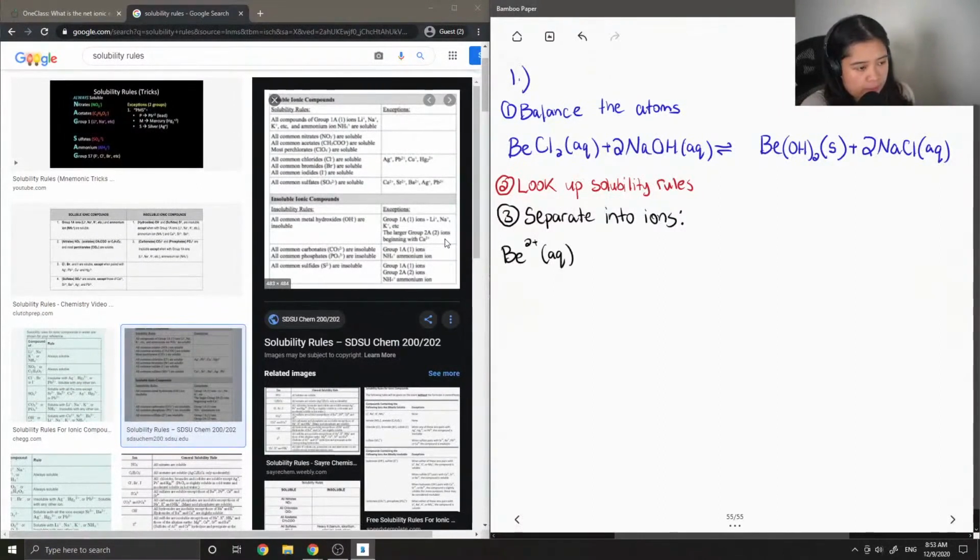Okay, so breaking this up, we get Beryllium-2 plus and 2 chlorine minus ions.